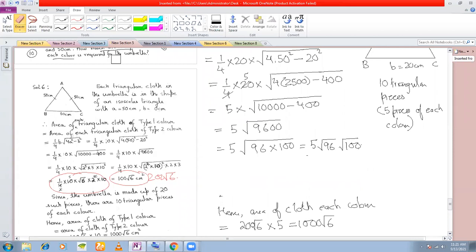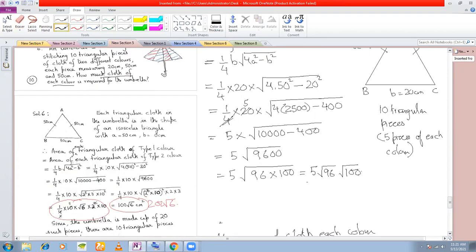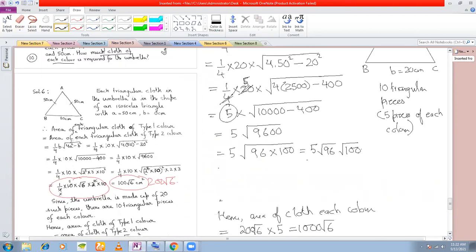Also, why did you put into 5? Because 1 foot cancels here with 5. That's why this 5. Now, root 100 you know is 10, right? This part is clear.